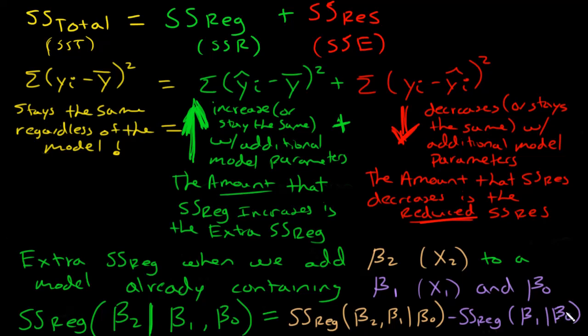Basically, the amount that sum of squares regression increased is the difference between the big model's sum of squares regression and the small model's.